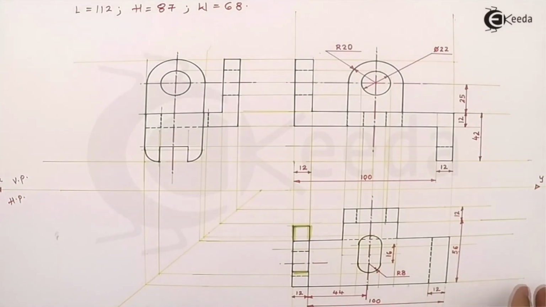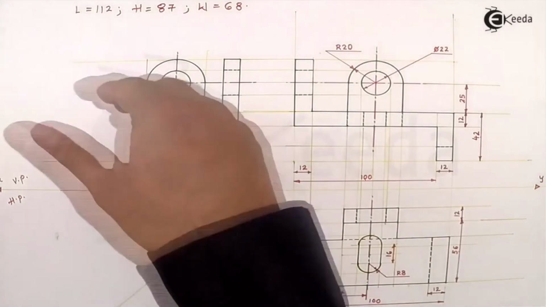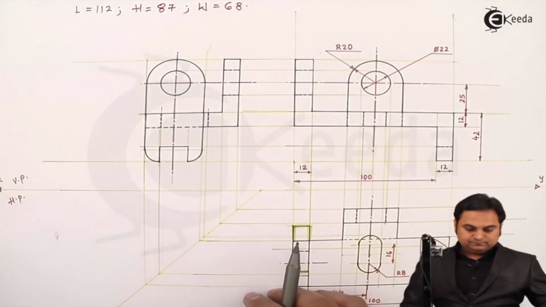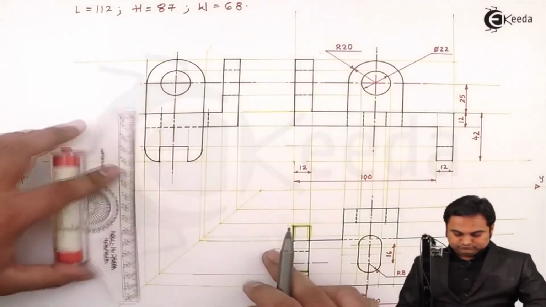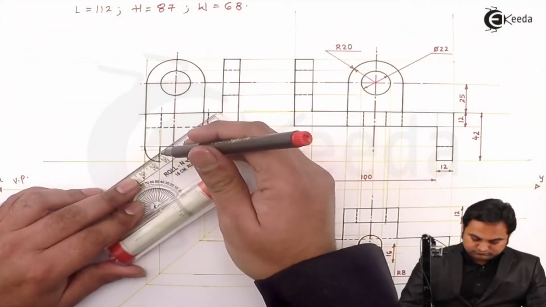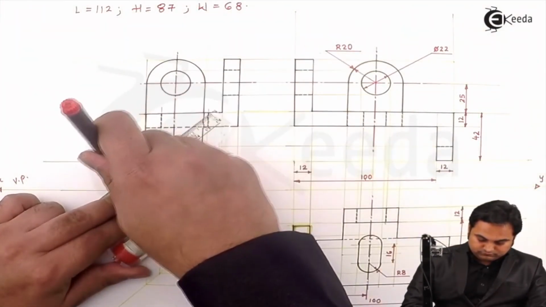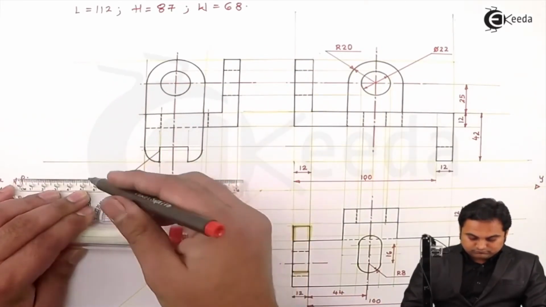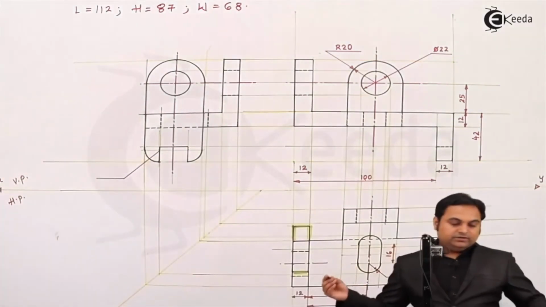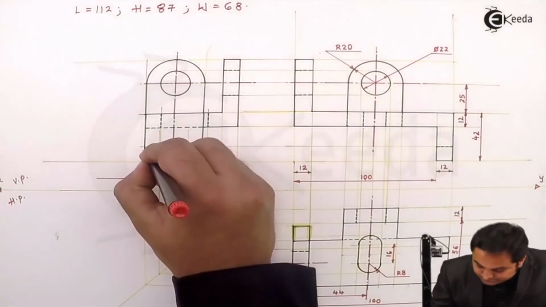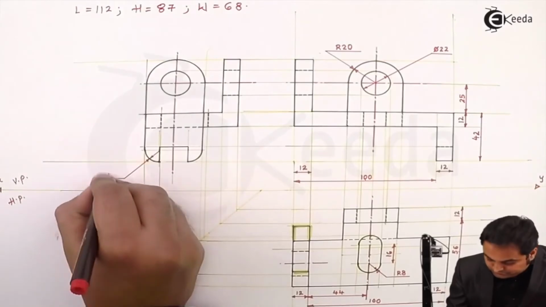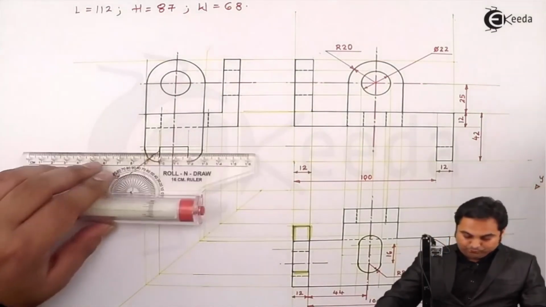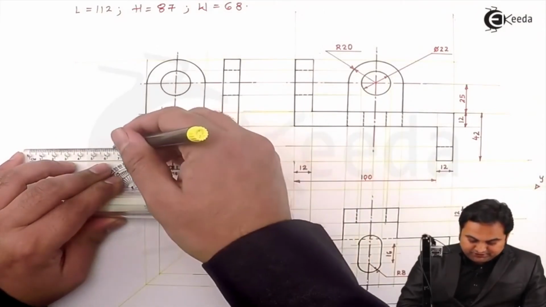After giving the dimensions to the top view, next proceeding to the side view, I'll start giving the dimensioning here. Here the radius is 10 mm, and then the height of this cut is 12 mm.